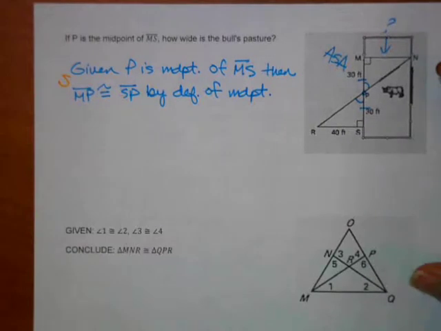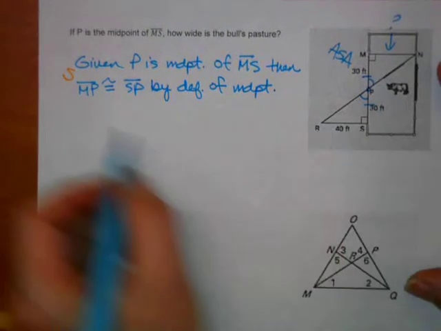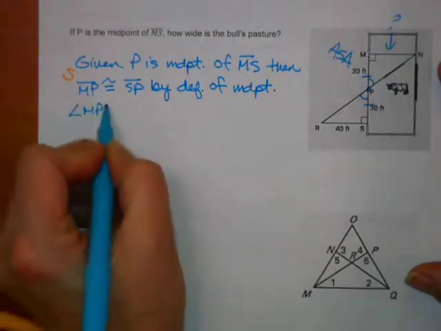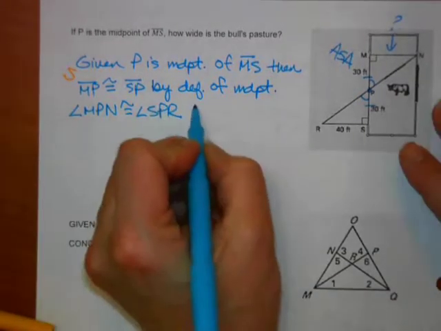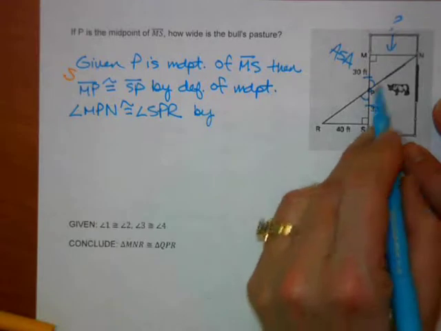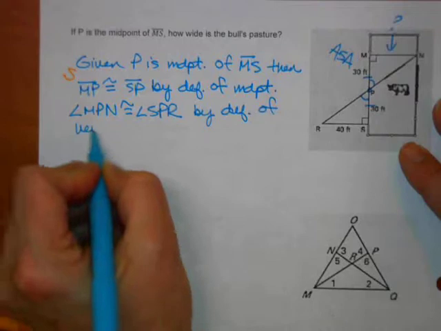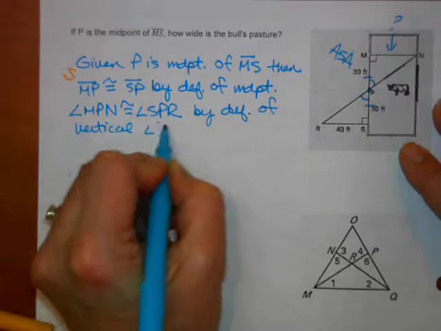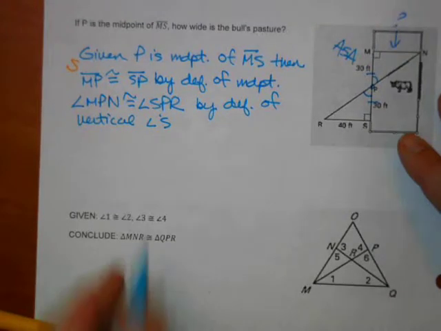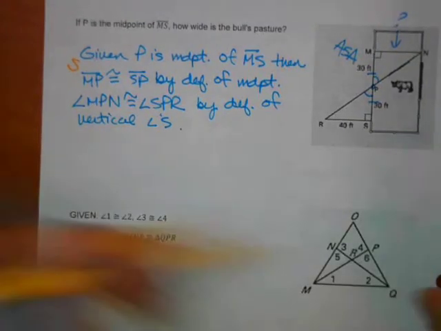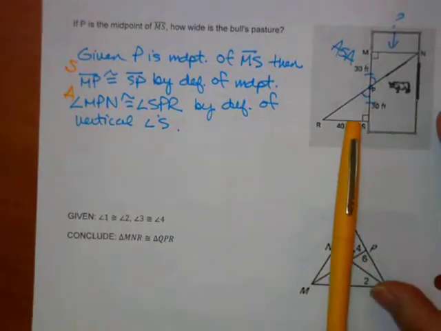Now I've got to do my two angles. Okay, I'm going to do the vertical angles now. Angle MPN is congruent to angle SPR by what definition? Definition of vertical angles. Okay, so there's one of my angles. Now I got to do the other angle. Now be careful. I know the picture shows the box, right?